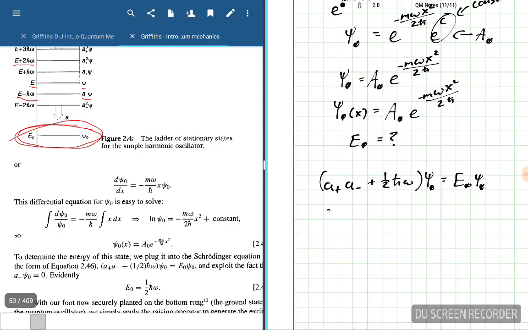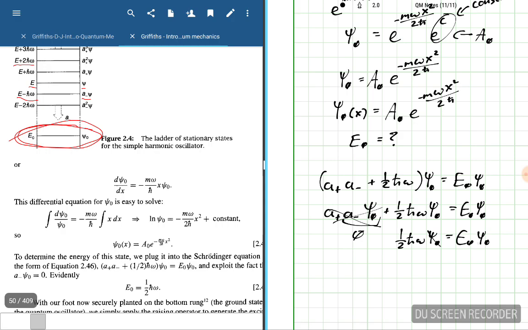I'm just going to multiply through psi naught. And now my whole condition, the whole way that I was able to find psi naught, was by knowing that this is 0. So that goes away. So I just have 1/2 h bar omega psi naught equals E psi naught.